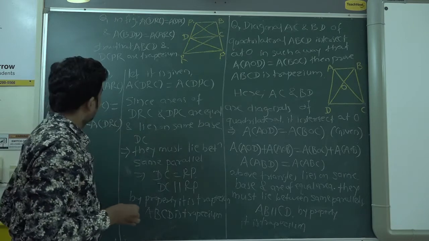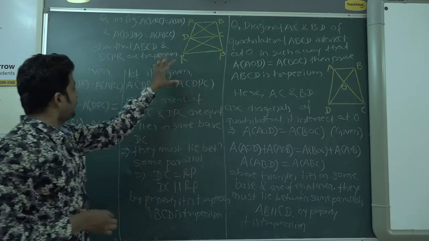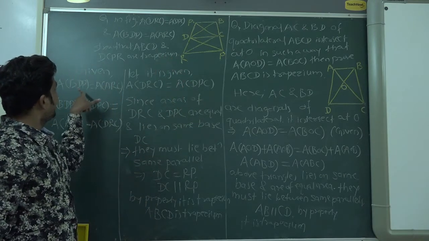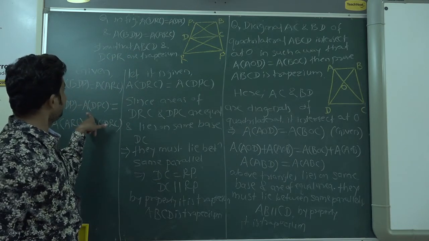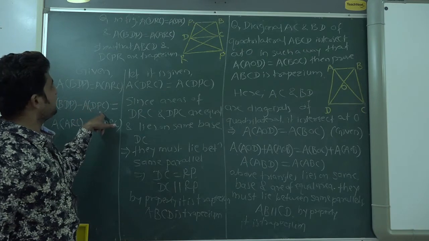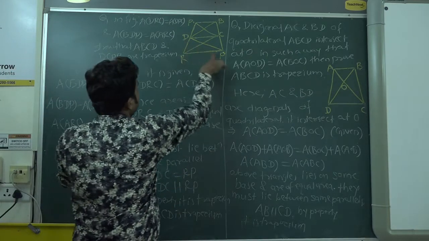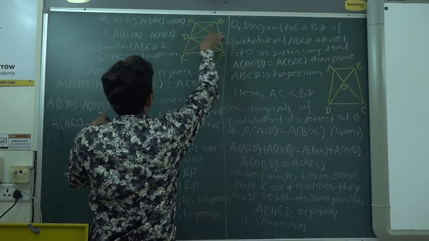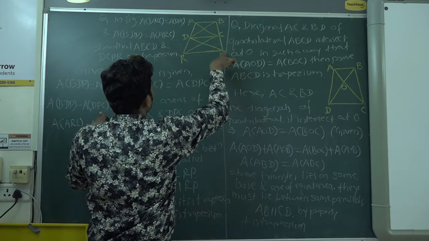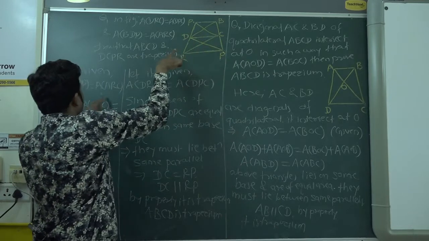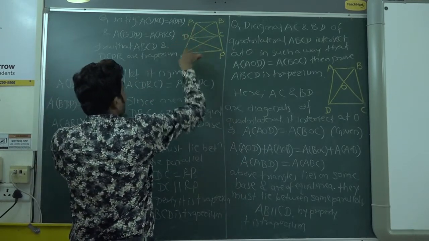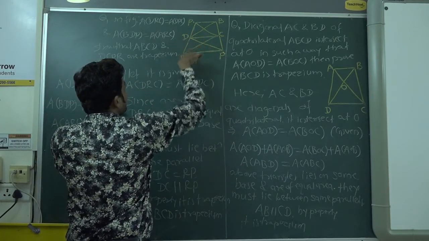Now tell me, dear students, we are making some adjustment here. Using the second result, I am subtracting DPC from this triangle BDP. In BDP, I am subtracting DPC, and again in RHS, ARC, I am subtracting DRC.